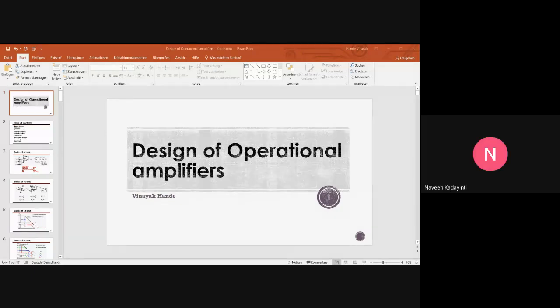Dr. Vinayak, we are not able to see your presentation. We are seeing only the Microsoft PowerPoint window, not the slideshow. Oh, okay. One second. Is it visible now?